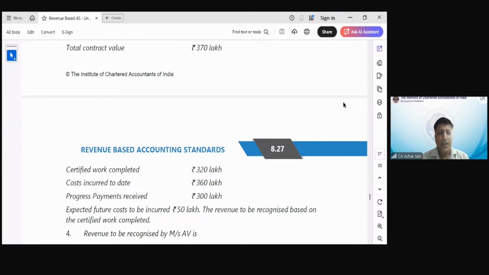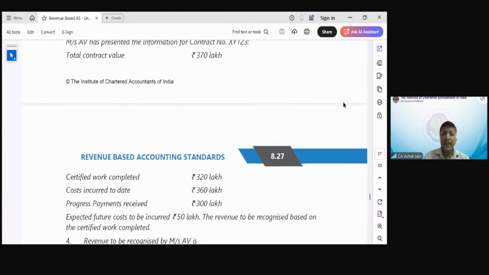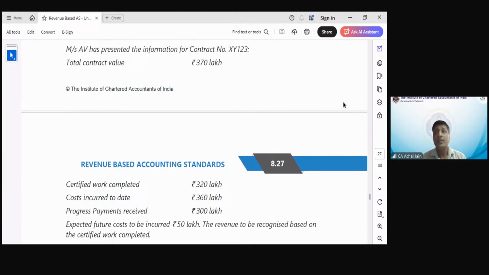Okay, cost incurred to date is 360, out of which 320 is certified, and the future cost is 50. So 410 seems to be the total cost, correct? Yes, sir. So against 410, what do you have? 370. So 40 lakhs seems to be the loss. Yes, sir. Okay. Sir, it will be created as a provision. Yes, it should be created as a provision.